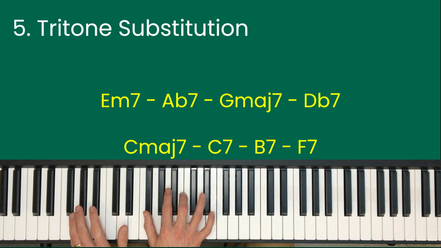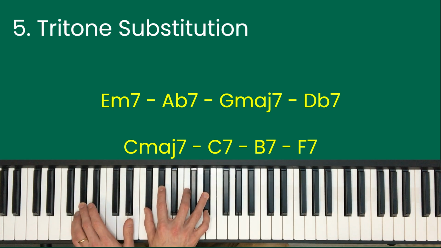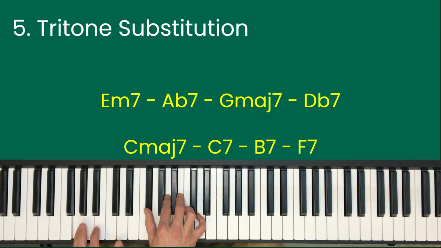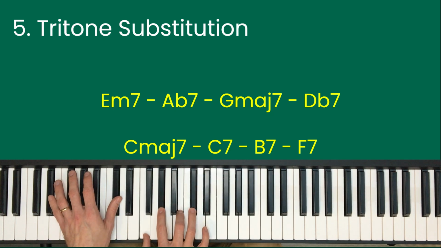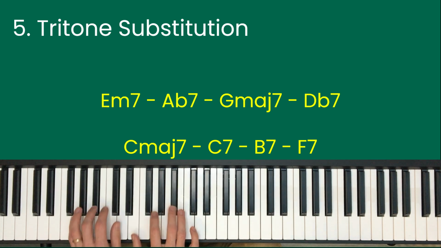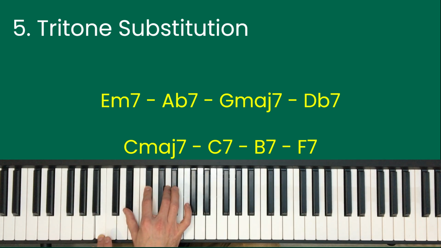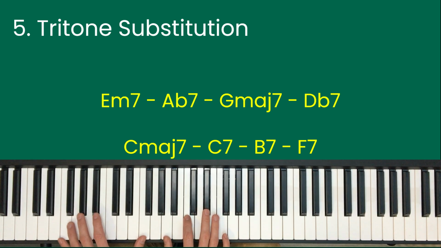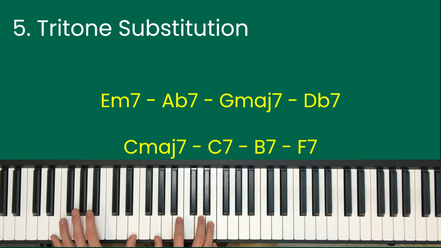Yeah? So we're going A flat 7 to G major 7, we're going D flat 7 to C major 7, we're going C7 to B7, and we are going F7 to E minor 7.